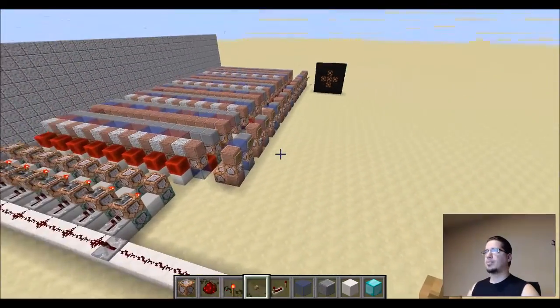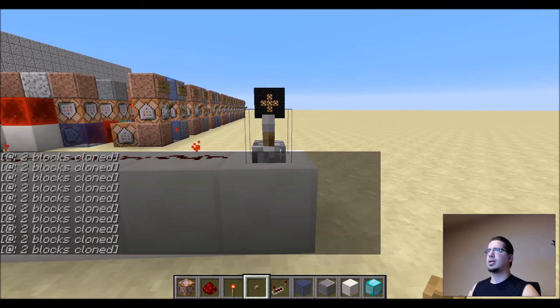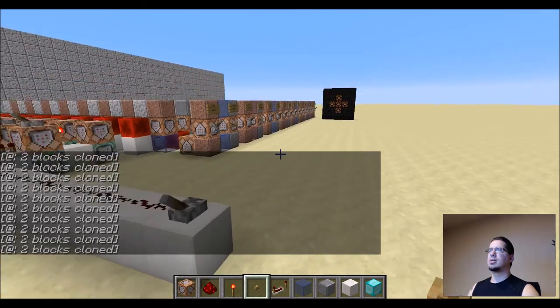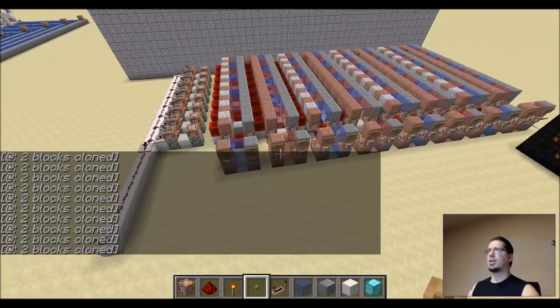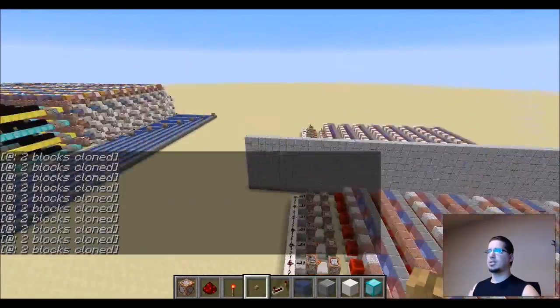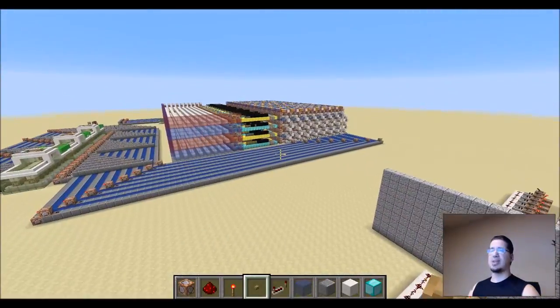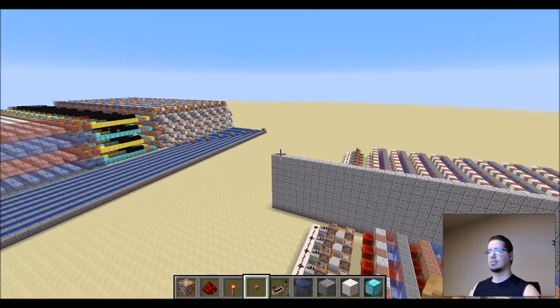Once again, just checking the propagation. Pretty fast, both on and off. This will save a lot of time and a lot of space, and when you compare this size to this size here, we are saving thousands of blocks of space.